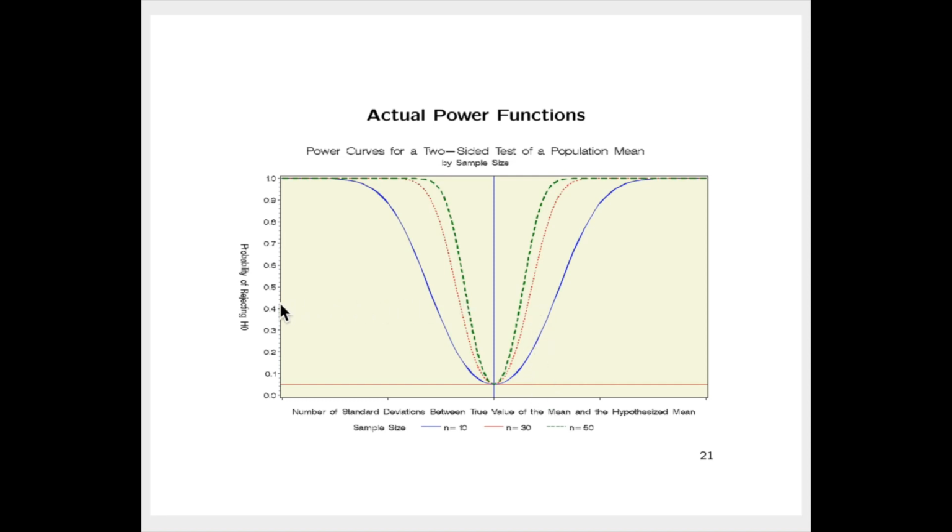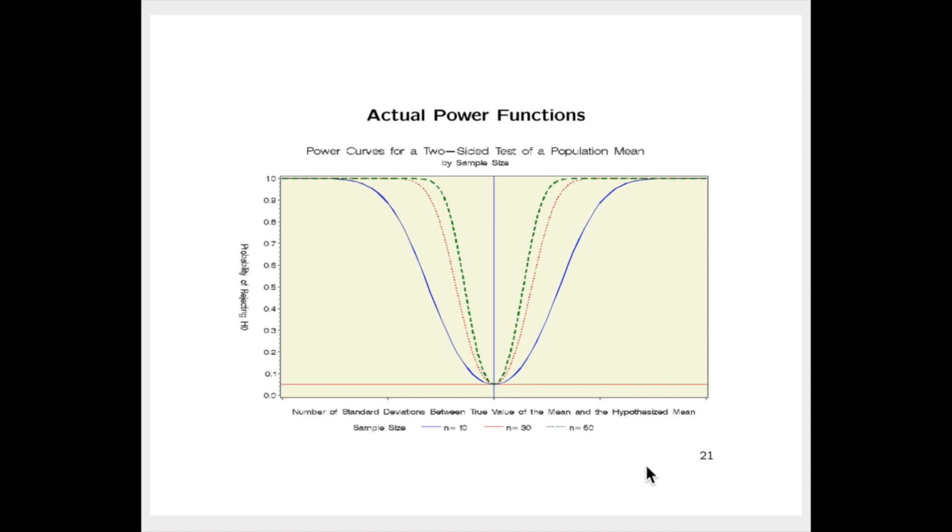The other thing we notice is that as mu gets further and further away from mu naught, the power increases. That should make sense. As the true value of mu gets further and further away from the hypothesized value of mu naught, it's going to be easier for our test to see that the null hypothesis is in fact not true.